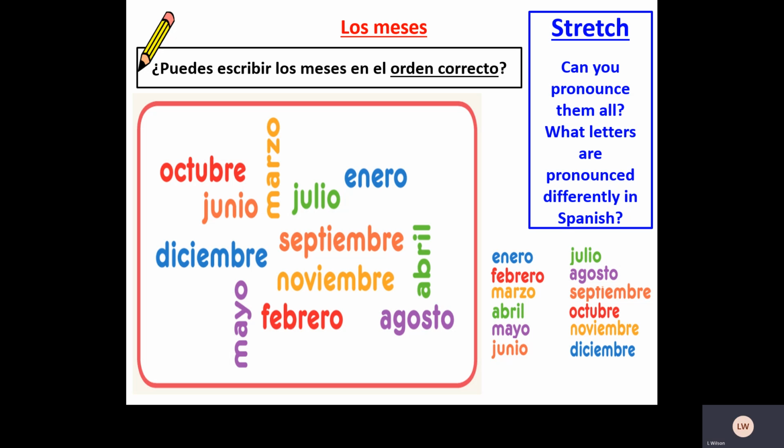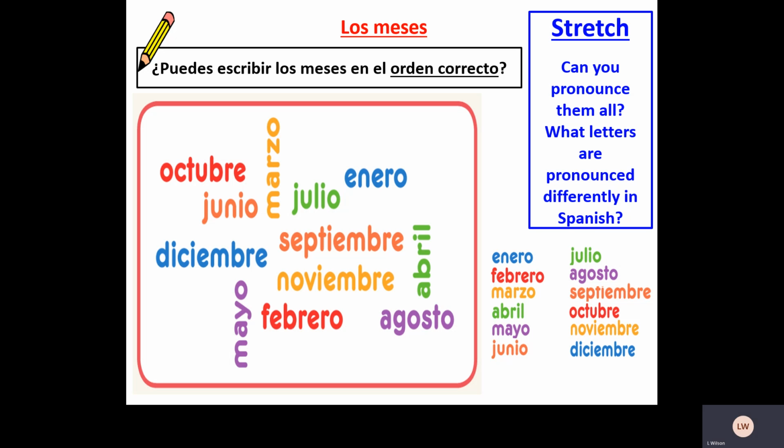Julio. Agosto. Septiembre. Octubre. Noviembre. Diciembre.